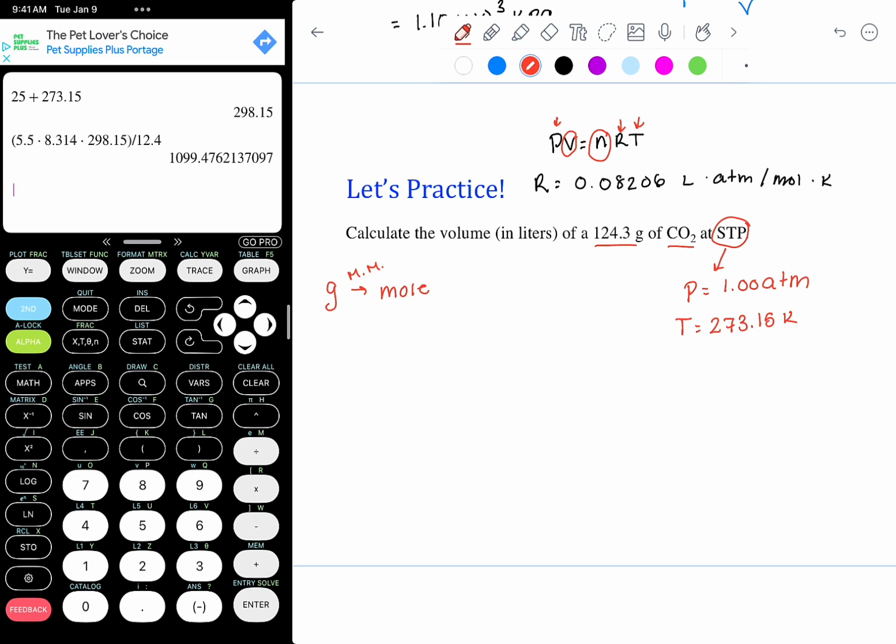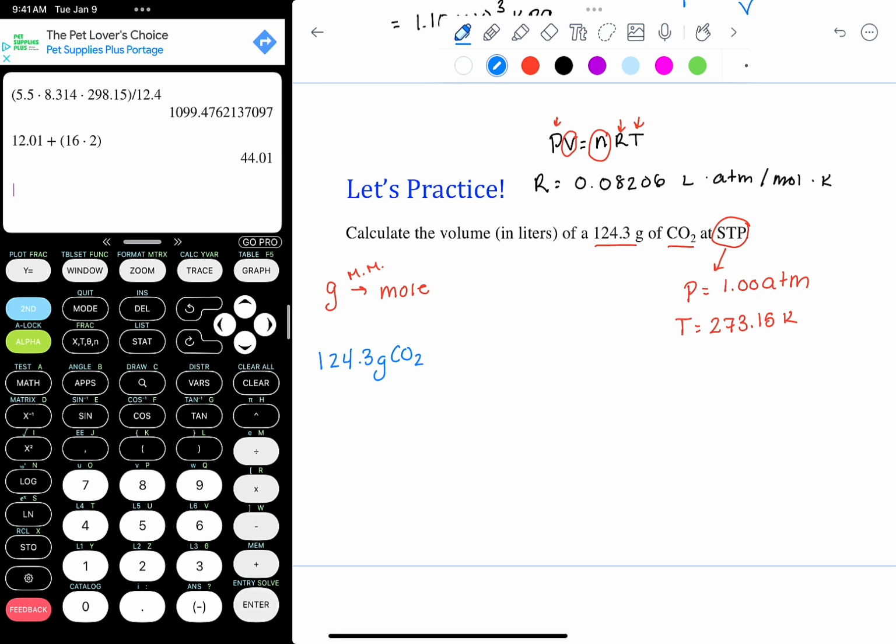So to start off that problem, we need to take 124.3 grams of carbon dioxide, and we need to find the molar mass of carbon dioxide. So carbon's molar mass, 12.01, and we're going to add to that 16 times 2 because the molar mass of oxygen is 16 and there's 2 of them. So the molar mass of carbon dioxide is 44.01 grams per 1 mole.